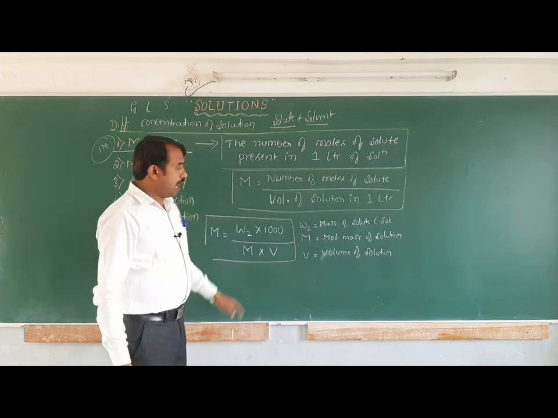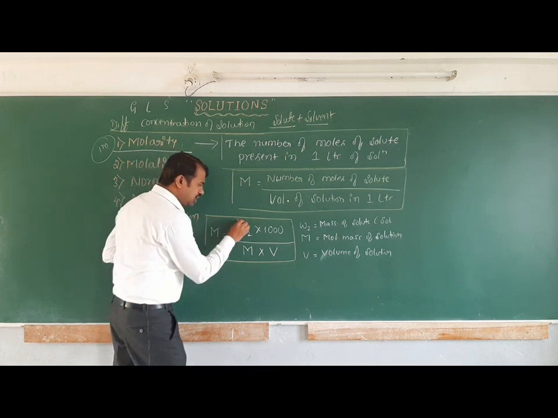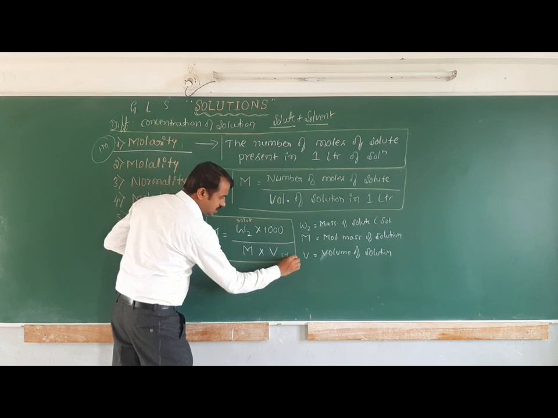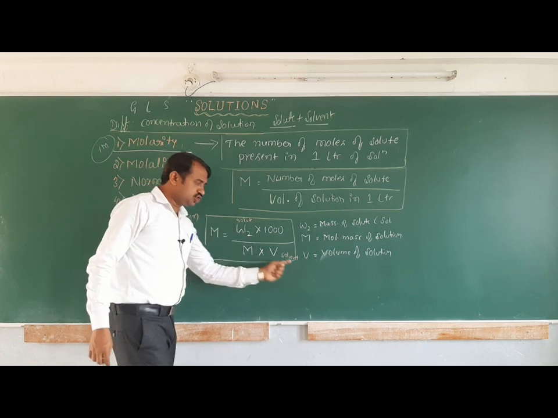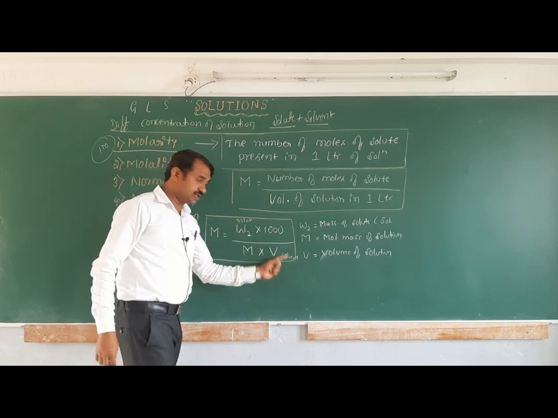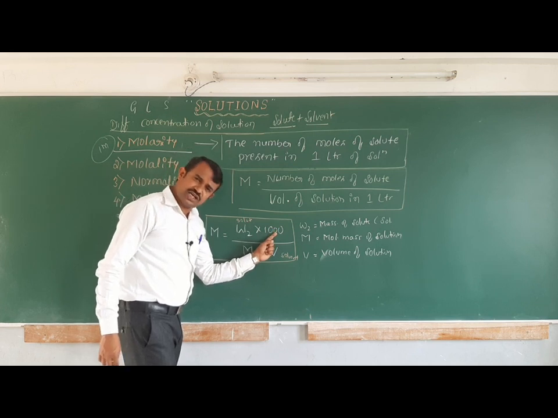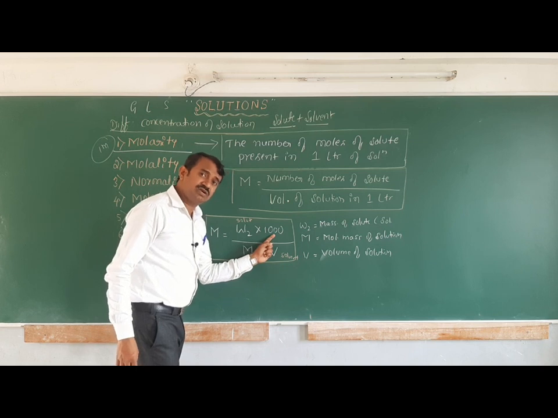You should remember, this is the solute and this is the solvent. All formulas come like this: solute, solvent, solute, solvent. Here 1000: if we have taken volume, you write 1000 ml; for gram you write 1000 gram; 1 kg means 1000 gram.